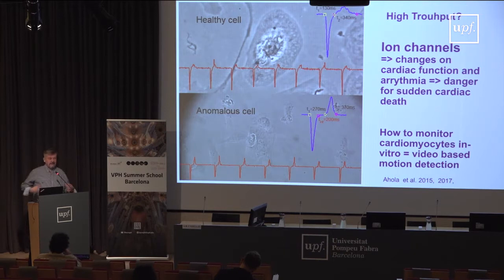And of course, it's actually nicer than electrophysiology, because this is what the heart should do, is pump blood. And this is the mechanical force, or the mechanical function of the heart cells in vitro that we can follow.